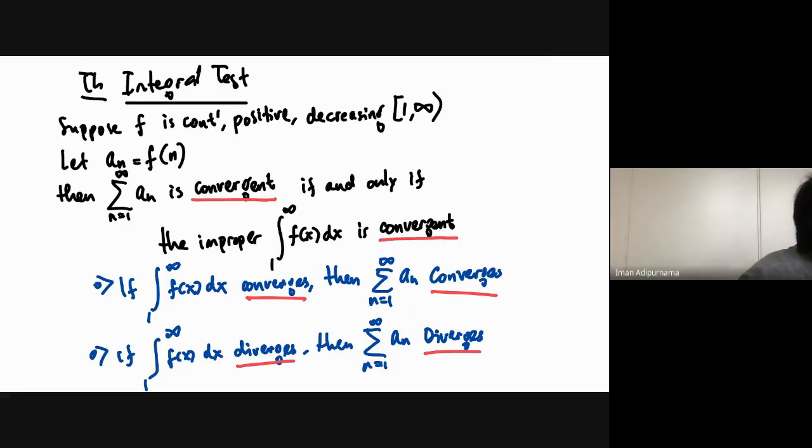You need to make sure that the function is continuous, of course, positive, and the important thing is decreasing. So it's always going down. So you need to check the function first. If not, then you cannot use this method.